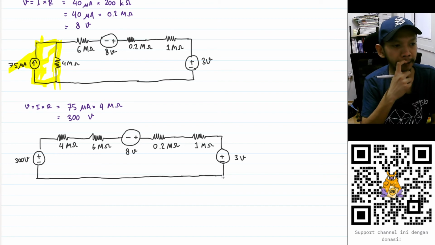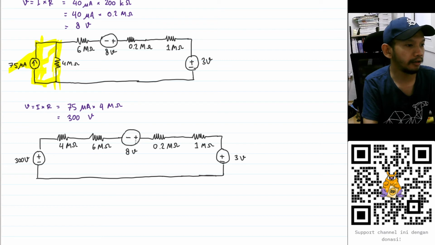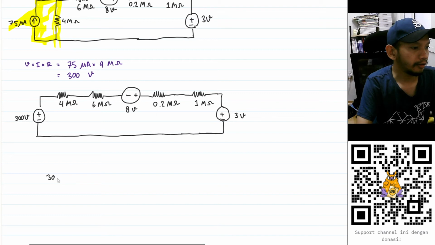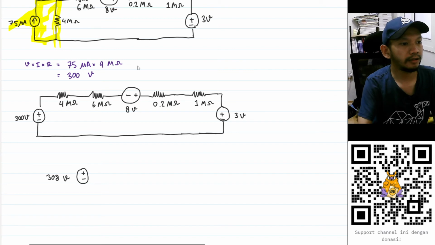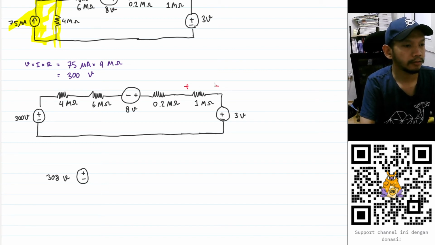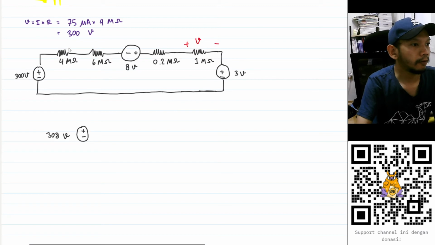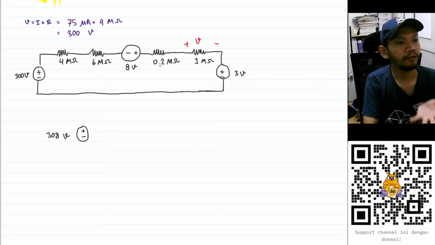Okay, now I want this part to be combined. So 308 volt will be that voltage source. And then I want to combine all the resistors that do not contain this V. Yeah, this is the V, right? So I will have 4 plus 6 plus 0.2, that will be 10.2, right?